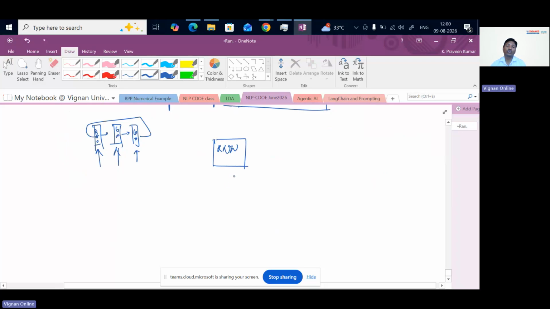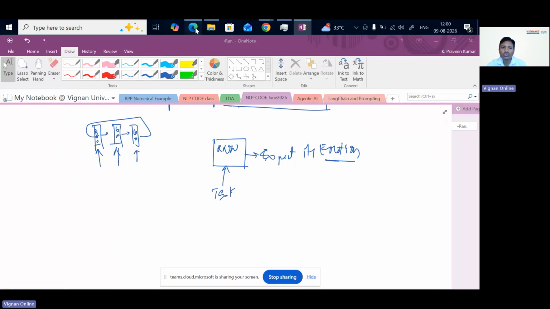Now the task is that we are going to give text, and we expect its emotion, whether it is sad emotion or happy emotion or exclamatory, what it is going to tell.